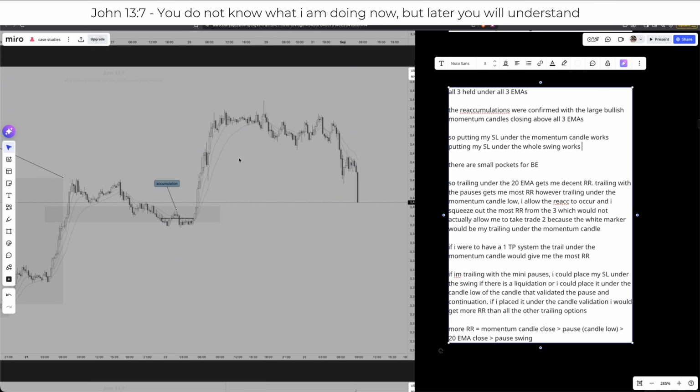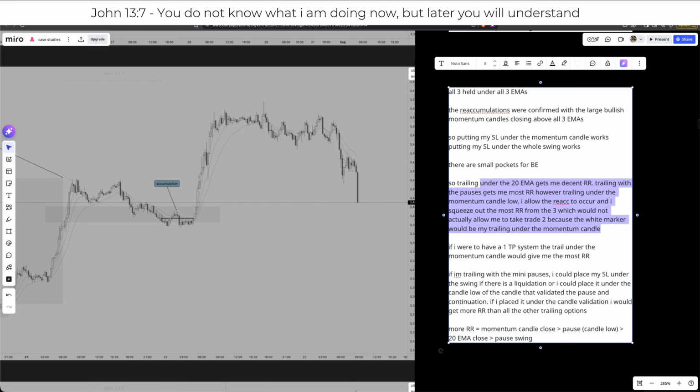So trailing under the 20 EMA gets me decent RR. If I trail with the 20, I'd be taken out here. The momentum candles, there's not really momentum candles. The only momentum candle would be right here, and I get taken out around there. If I trail with the mini pauses, I get boom right here.